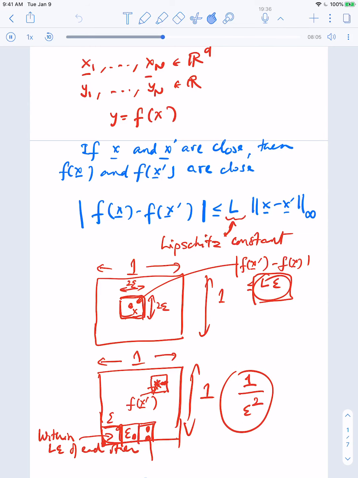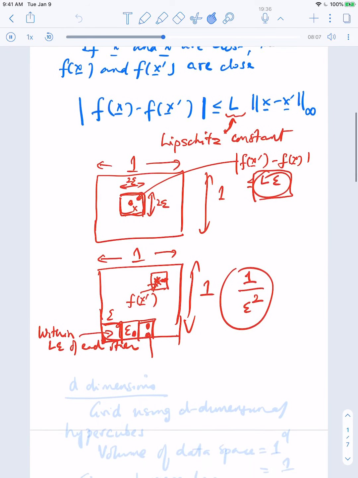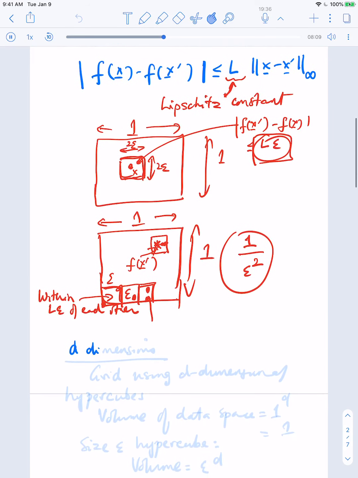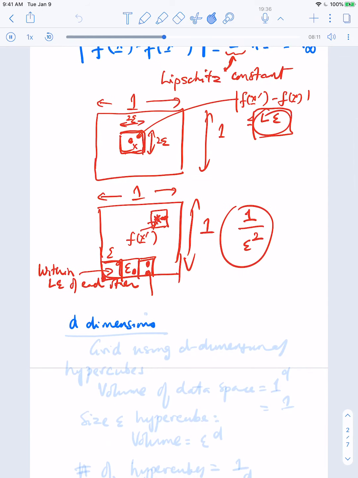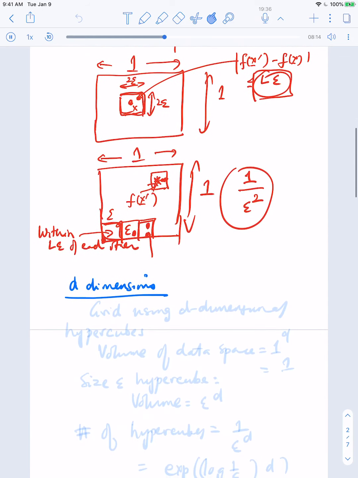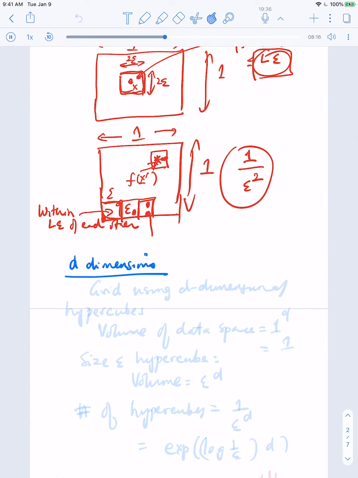Of course, the problem is when you go to d dimensions, and now you say, well, I have basically a d-dimensional box of side epsilon, and you grid using d-dimensional hypercubes.